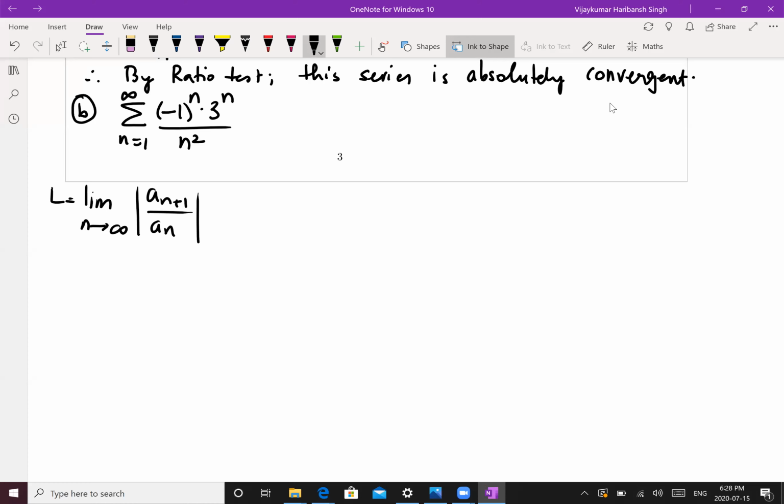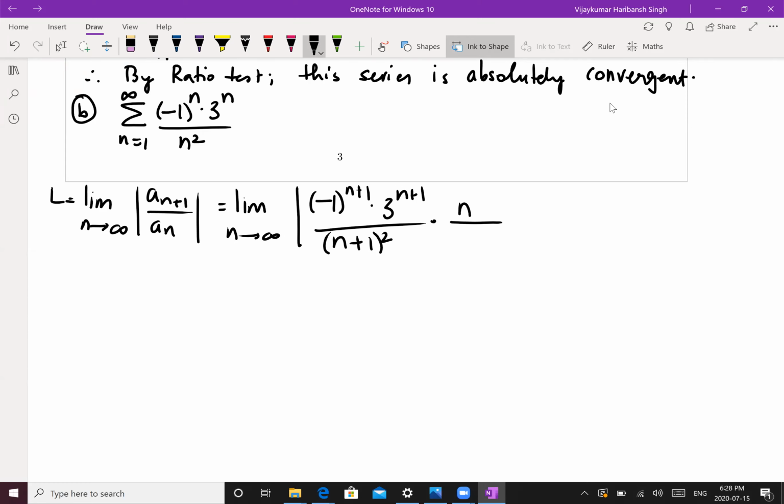Let's call this L. This is the limit as n goes to infinity of the absolute value of (-1) to the power n plus 1 times 3 to the power n plus 1 upon (n plus 1) square, multiplied by, since dividing by an is multiplying by the reciprocal of an, n square upon (-1) to the power n, 3 to the power n.